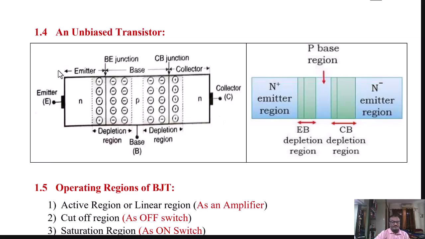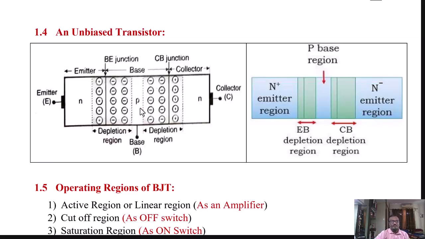Now, since in N type of emitter the electrons are majority and on the P side in the base there are holes in majority, there is a charge difference. Due to that, the electrons are diffused from emitter to base, leaving behind positive immobile ions around the base region.